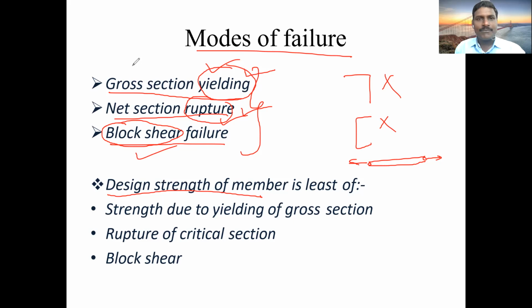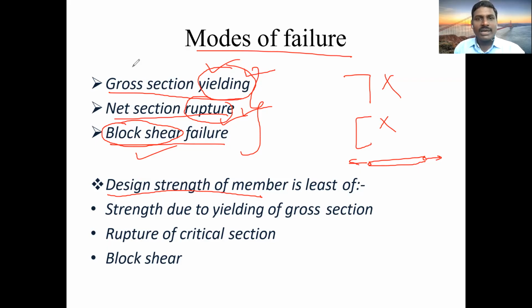Anyone can tell me? Strength for butt weld and groove weld: design strength in tension or compression. Design strength in shear, and for fillet weld again design strength in shear. So this design strength for bolted and welded connections we have calculated.